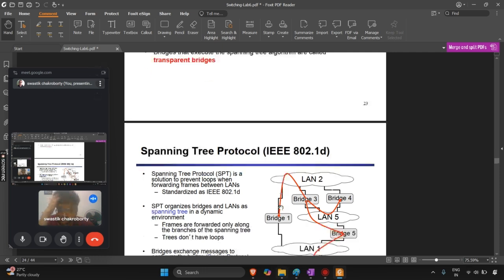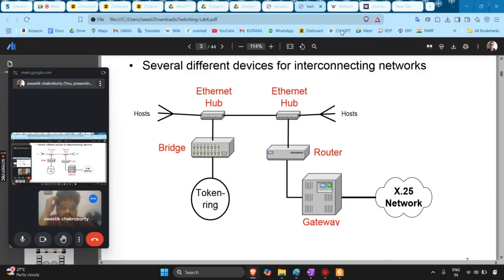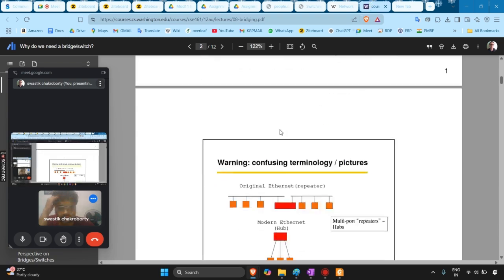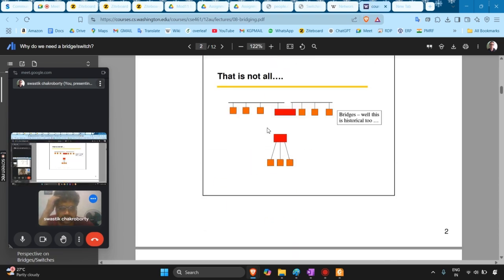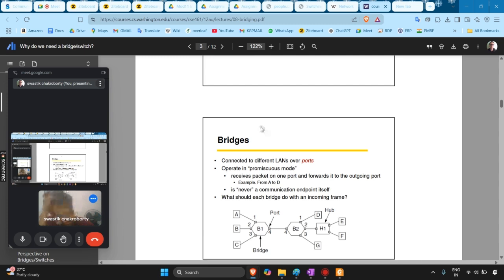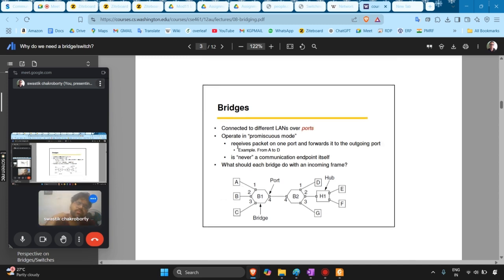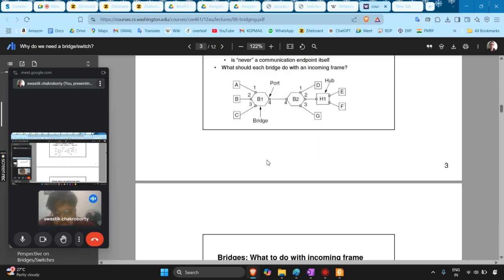So this is the spanning tree protocol. Here you can see more details of bridges. Bridges connect different LANs over ports.